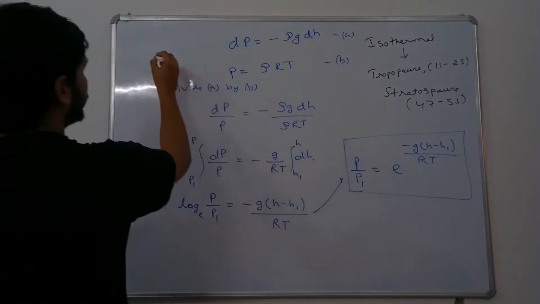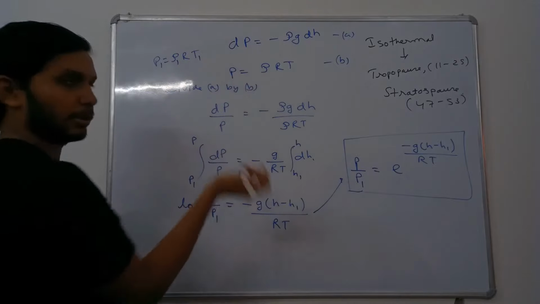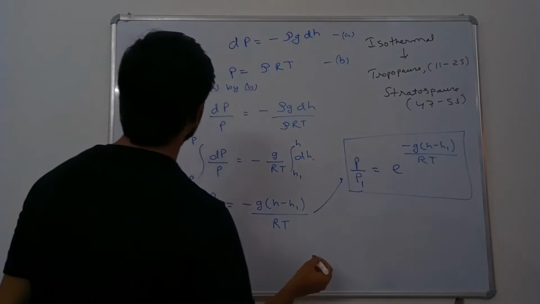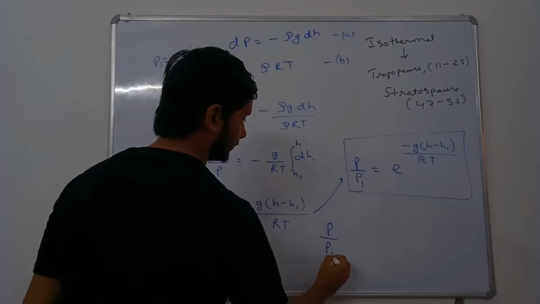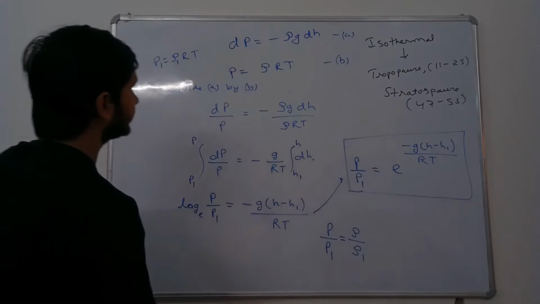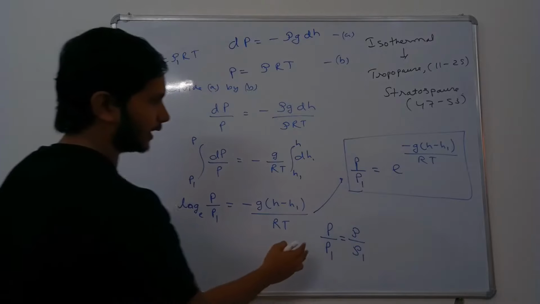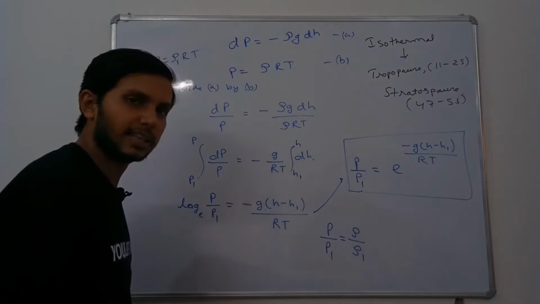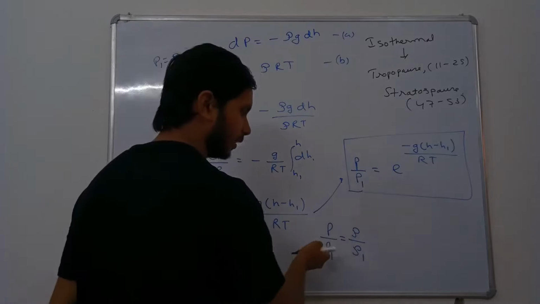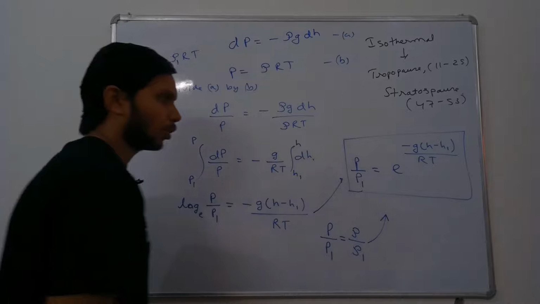So P1 equal to rho 1 R T1, but T and T1 are the same because it's tropopause, so again T. If you divide, you get P upon P1 equal to rho upon rho 1, and RT will be cancelled. So in this case particularly, P upon P1 and rho upon rho 1 will have the same formula, so the same formula will be applied for rho upon rho 1 also.